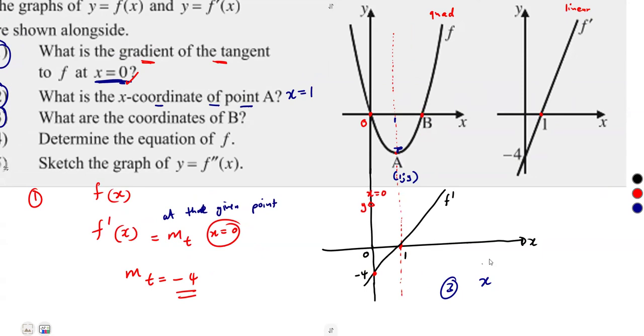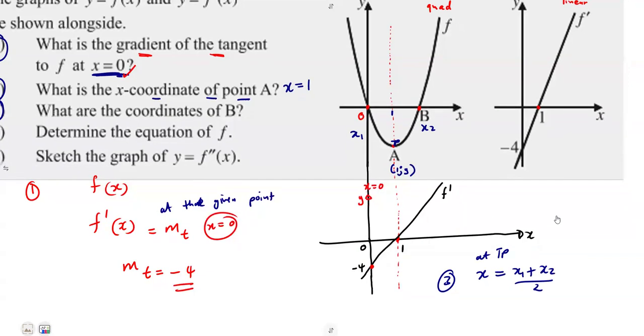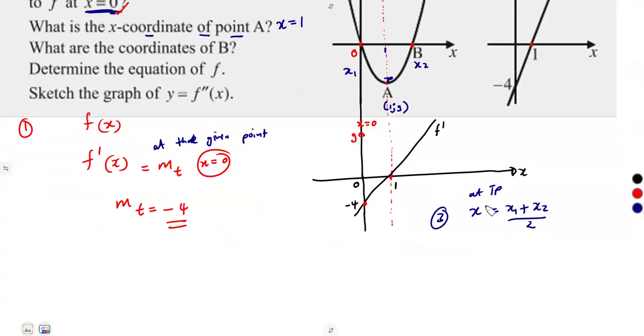The x value at the turning point can be given as (x1 + x2) over 2, where x1 and x2 are the x-intercepts. At the turning point, our x value is 1.